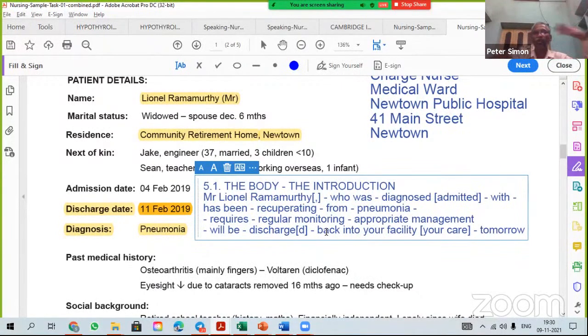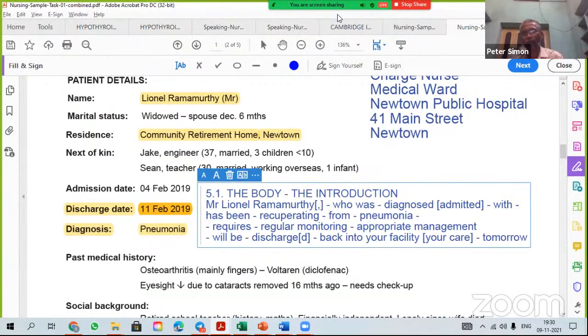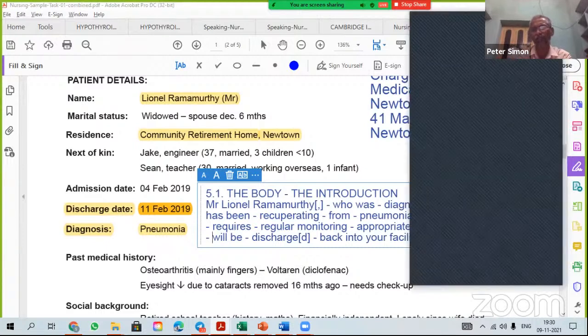However you want to write, different styles are there. You can write any style you want. So this is the introduction. I hope you understood the introduction. You can write in many different ways.